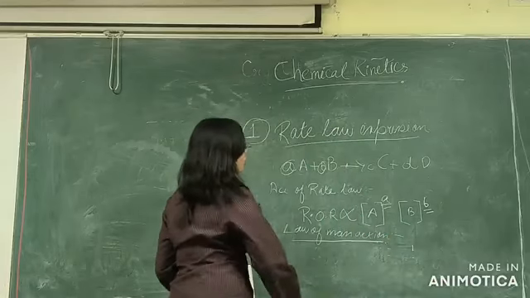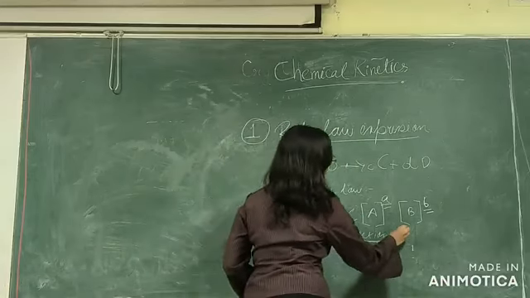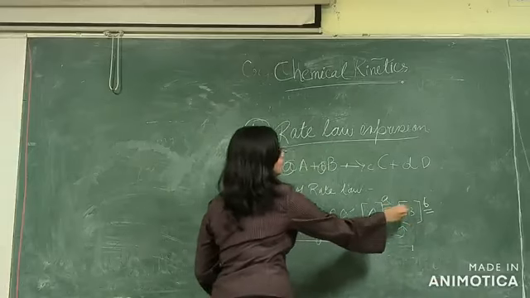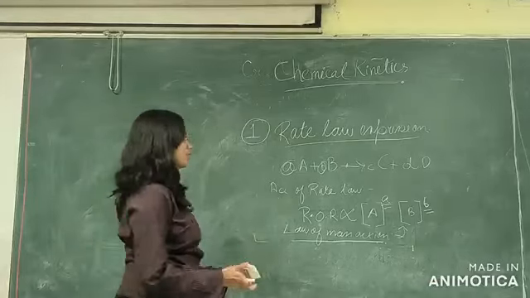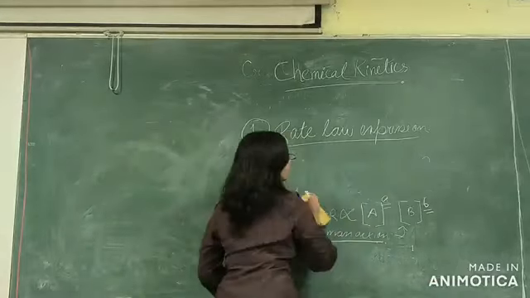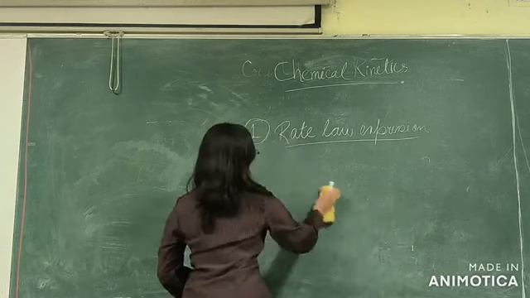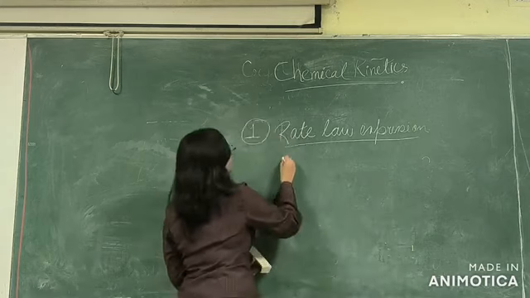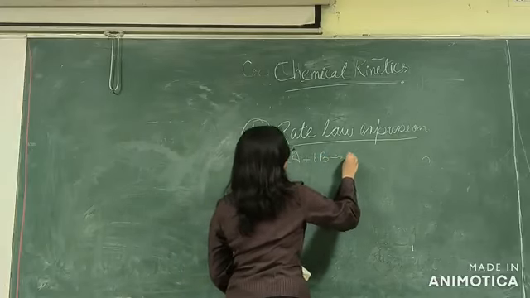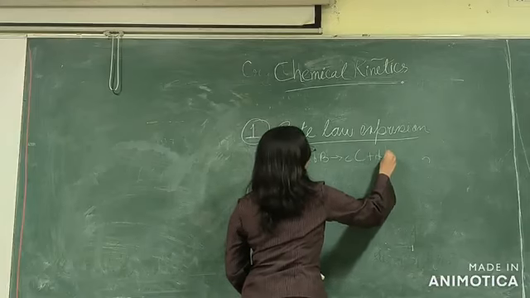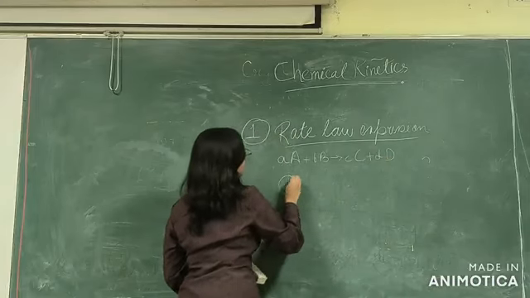The law of mass action also gives us the same expression like this. But there the a and b are the stoichiometry. But here a and b are not the stoichiometry. So I will write some points for you to remember from this part. Okay. So first we will write the reaction. Then the first point is how to write the rate law.